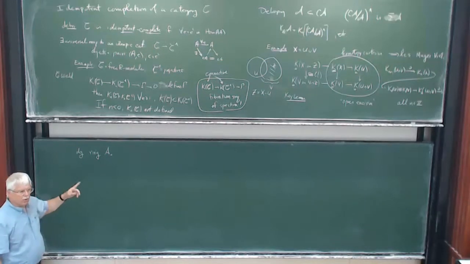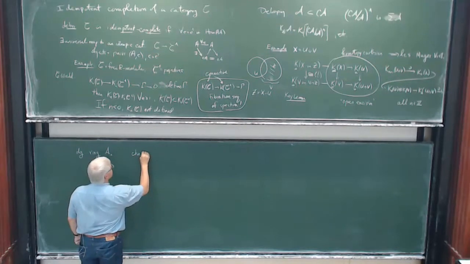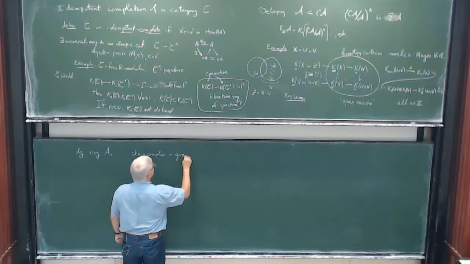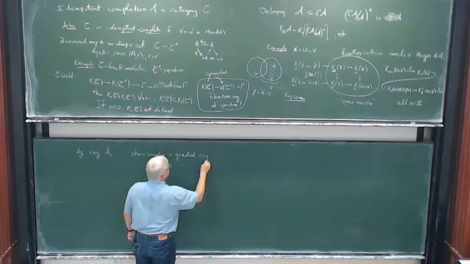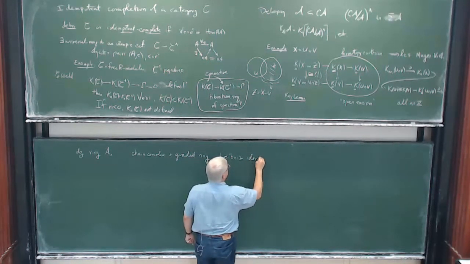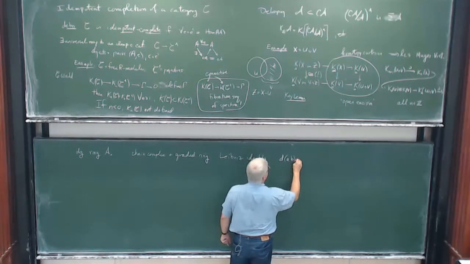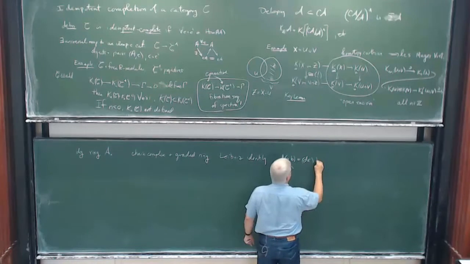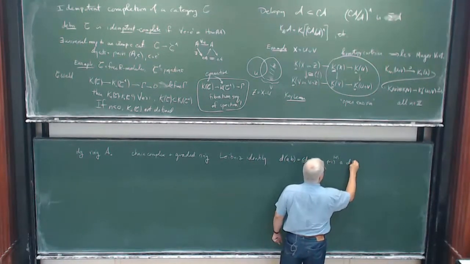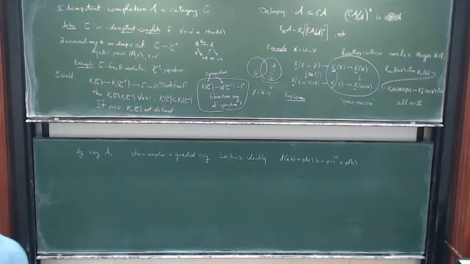So a differential graded ring is a chain complex, plus it's a graded ring, and you have the Leibniz identity, which means that if I take the derivative of A times B, that's the derivative of A times B plus some sign times A times the derivative of B. I'm sure people in this room know what that is.